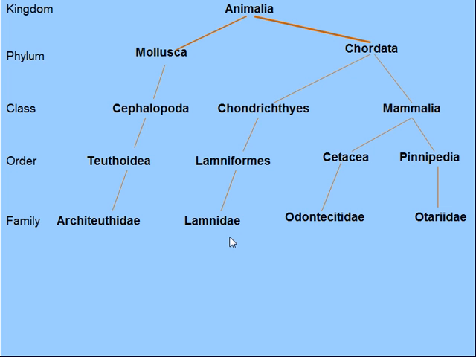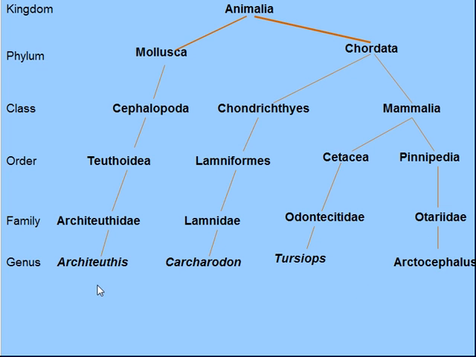This tells you a little something about the particular grouping, so there might be several different species in the Architeuthis that all share a certain characteristic. Same with Carcharodon and Tursiops, different dolphins that have some of the same characteristics.